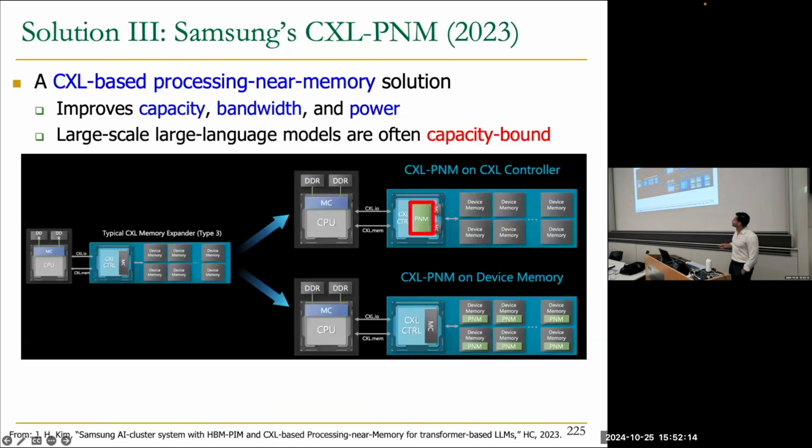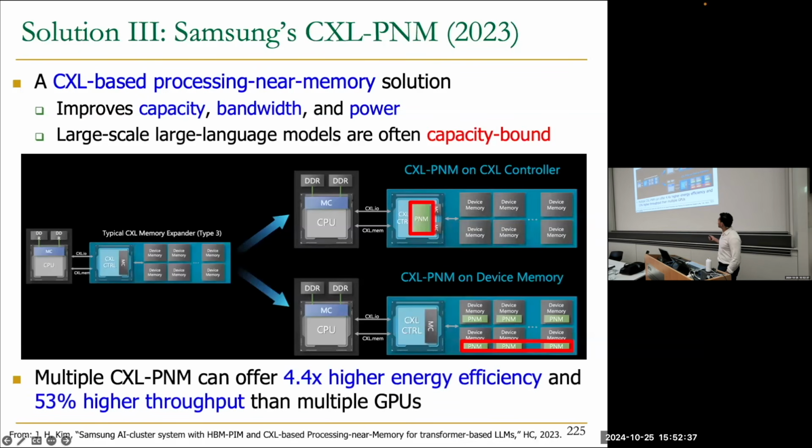So they also have one solution for a scale-out system. So if you have a model that is really large, you're going to have these memory expanders that allow you to extend the memory capacity of your system in a scalable way. This uses a protocol called CXL.